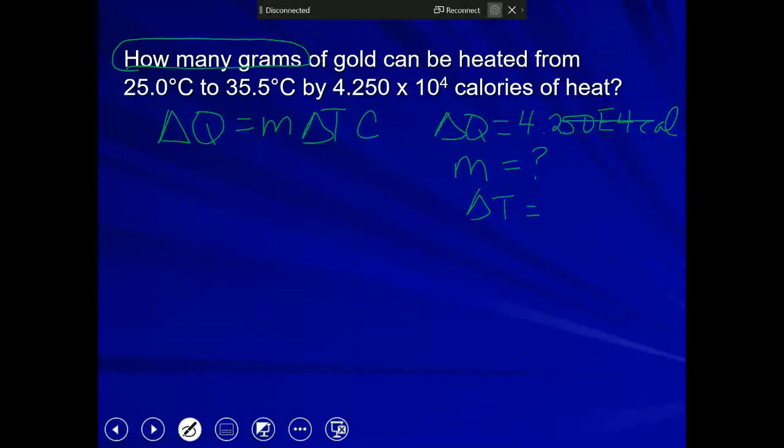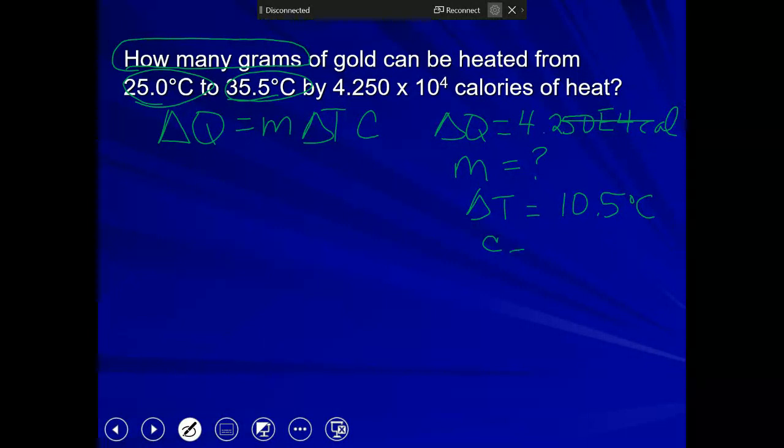The change in temperature goes from 25 up to 35.5. So you always take final minus initial. So it's going to go up 10.5 degrees Celsius. And the specific heat capacity for gold, if you go back a couple of slides, is 0.126. And that is joules per gram degrees Celsius.